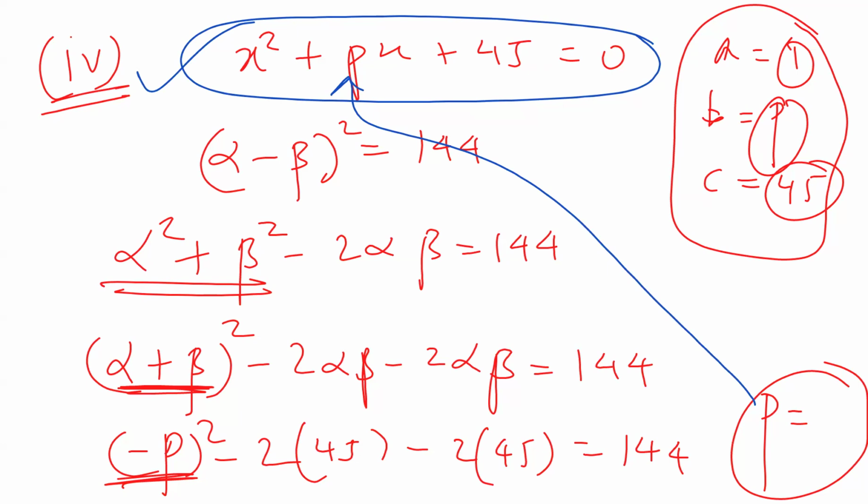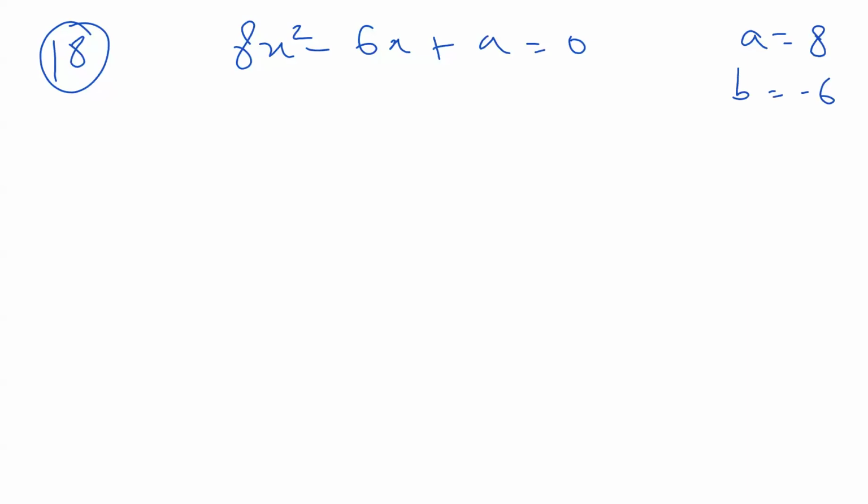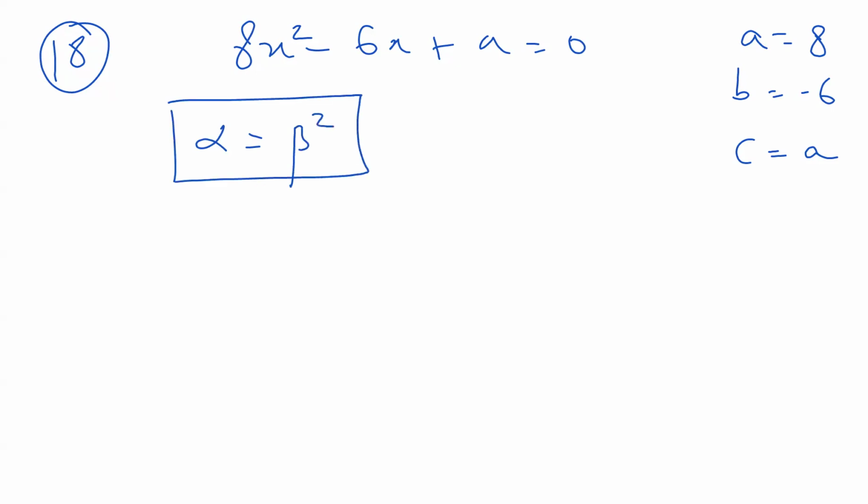Okay. Let's go to question number 18. So 8x square minus 6x plus a is equal to 0. So a is equal to 8, b is equal to minus 6, and c is equal to a. Alpha is equal to beta square, it's given. So now alpha plus beta is equal to minus b by a.